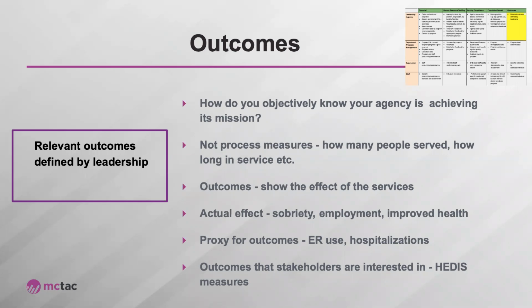So these HEDIS measures are things like, again, ER use, follow-up from hospitalizations, H1C levels, use of psychotropic medication, and depression screening. There are a number of them, and managed care companies are measured by those measures. And if your outcomes can directly show that your services improve those measures, then that's going to be an important dialogue with a managed care company, for instance, around outcomes.